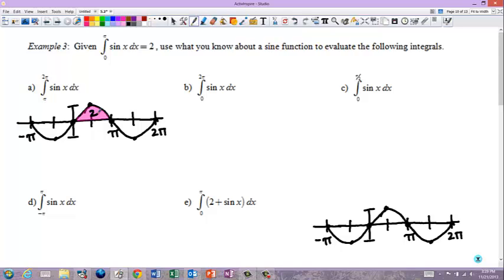I want the integral from pi to 2 pi. Well, if that's 2, this piece is the same, but it's below the x-axis. So it's actually going to be negative 2. And it's actually a positive area. It's just because it's below the x-axis, it's negative.